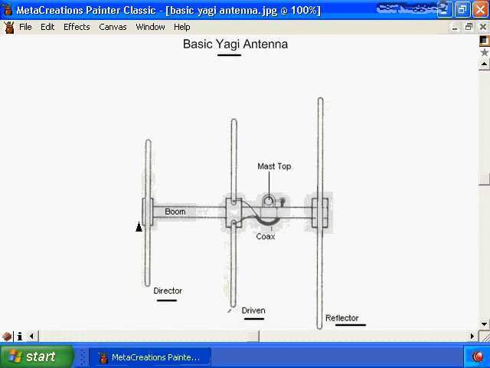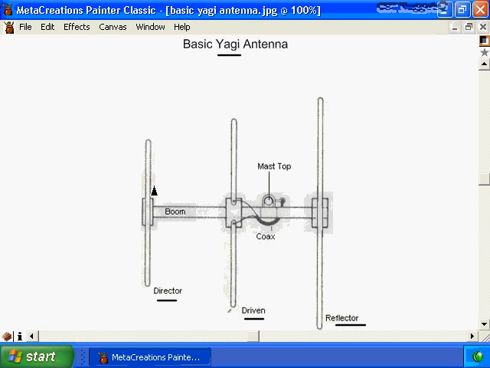So wherever the director is, that is the direction that you want to point the Yagi antenna in order to provide your wireless coverage. So basically, the major lobe of the radio frequency that's being emitted from a Yagi antenna flows in the direction of the director, which is right here.